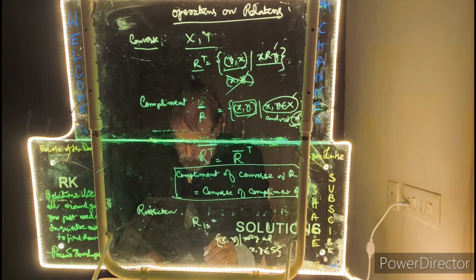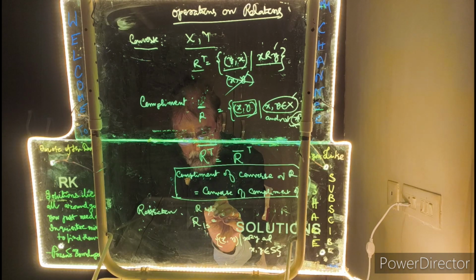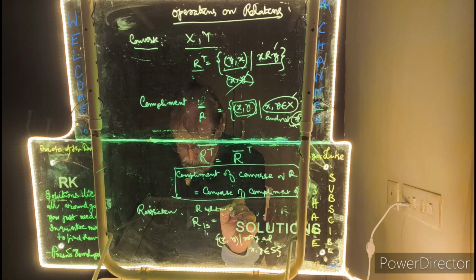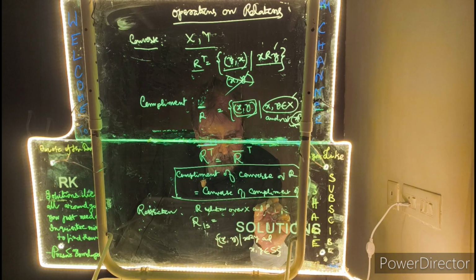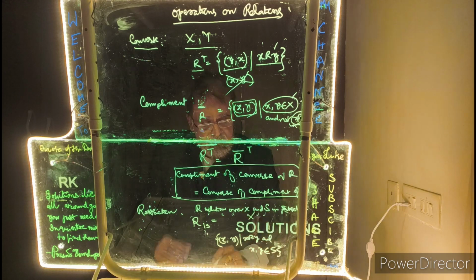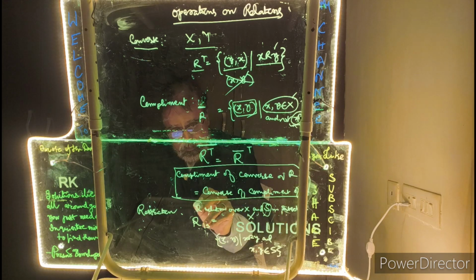Here we should mention this: R is a relation over X, and there is a subcondition: S is a subset of X. The set X; this is the relation.